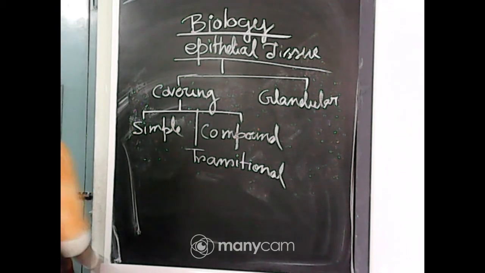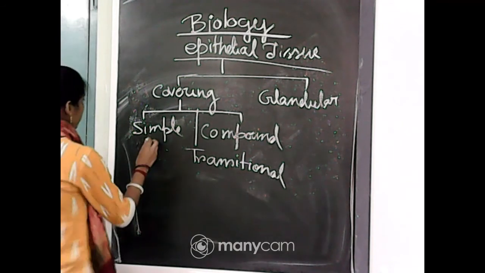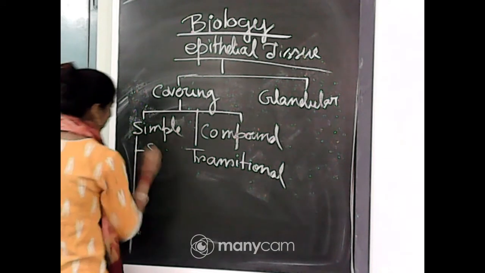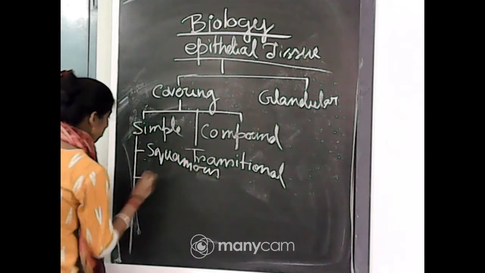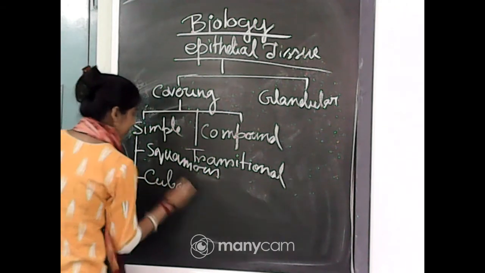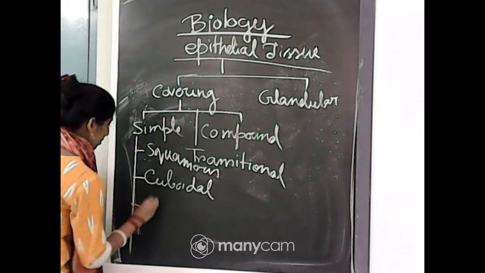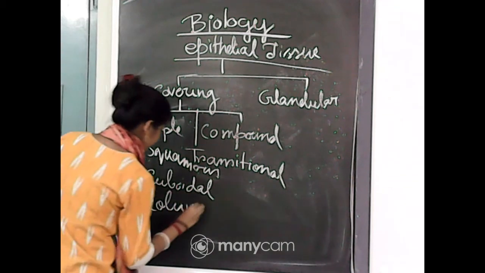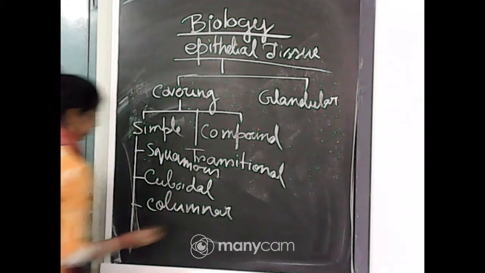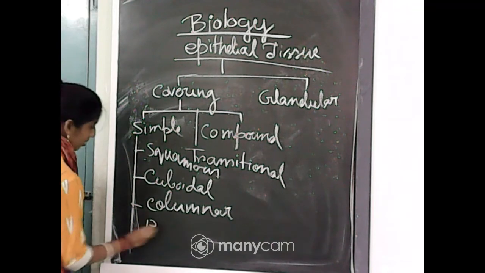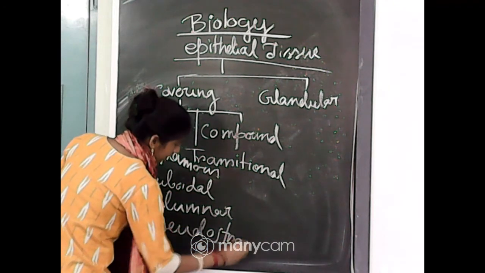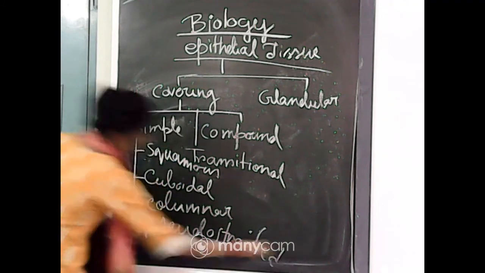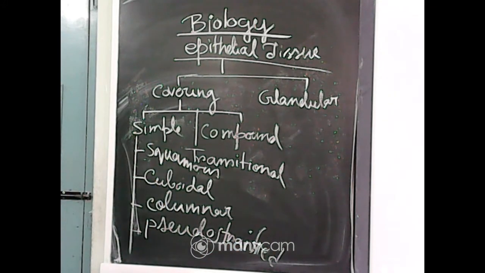Sorry students, under simple epithelial tissue, it can be differentiated into squamous, cuboidal, columnar, and pseudostratified. These are the main types which can be found under the simple covering epithelial tissue.